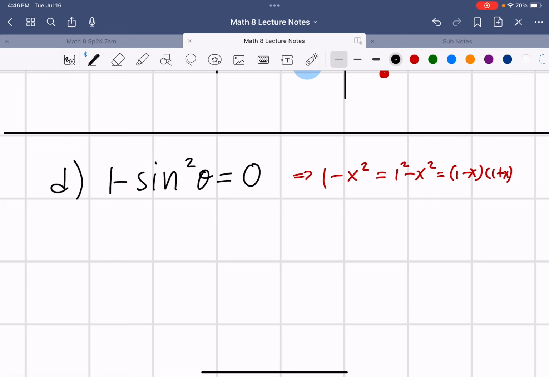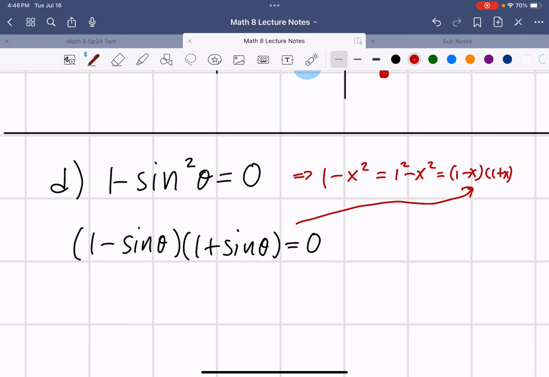But instead of writing x, we write 1 minus sine theta times 1 plus sine theta, which is the same situation that we have written here: 1 minus x, 1 plus x. Let me write that a little bit neater. And now you have to remember from algebra the zero product property. So make a quick note.